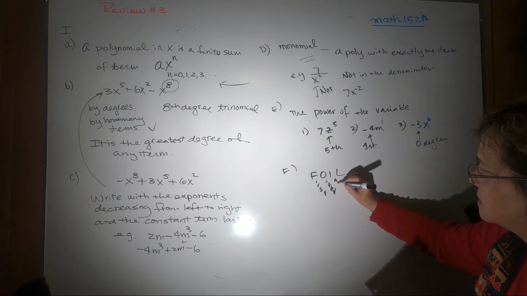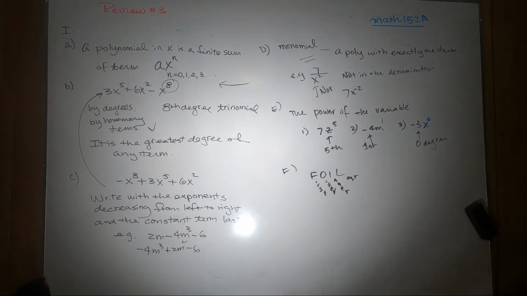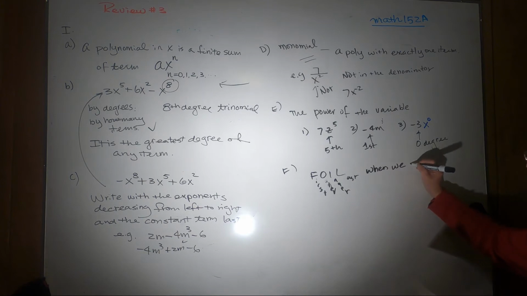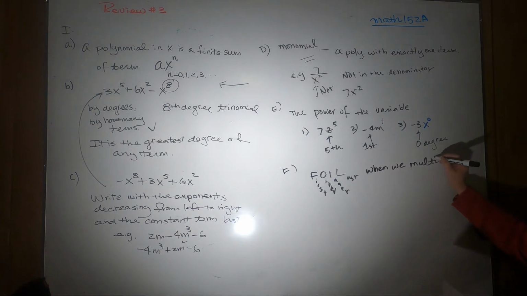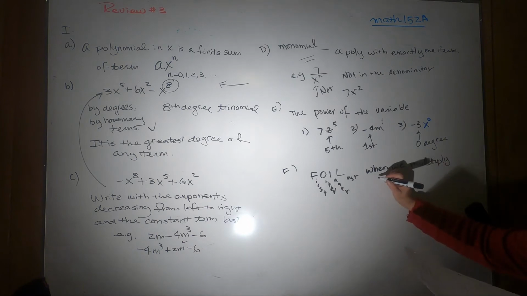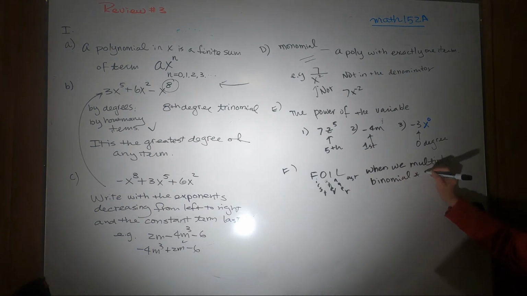I means what? Inner. L means last. That just means what? When we multiply certain things, it's a special kind of multiplication. When we multiply 2 terms times 2 terms, that means binomial times a binomial.